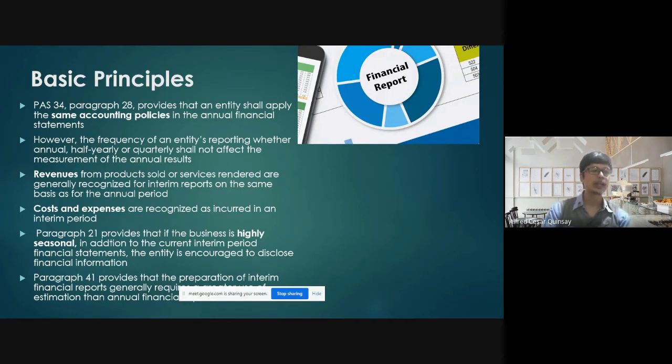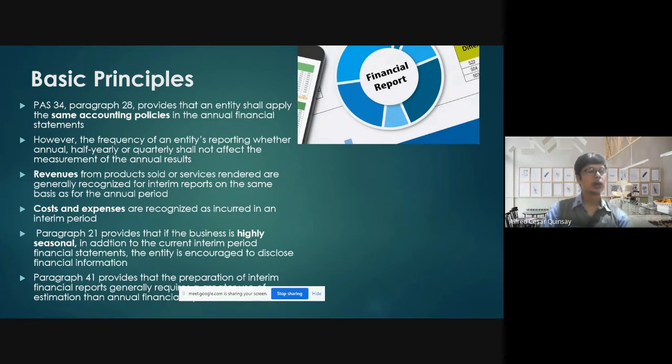So expenses associated directly with revenue are matched against revenue in those interim periods in which the related revenue is recognized. So yun naman mga expenses not associated with revenue are recognized in interim periods as incurred or allocated over the interim periods benefited. Okay, so normally ito yung mga expenses not associated. These are the operating expenses, no?